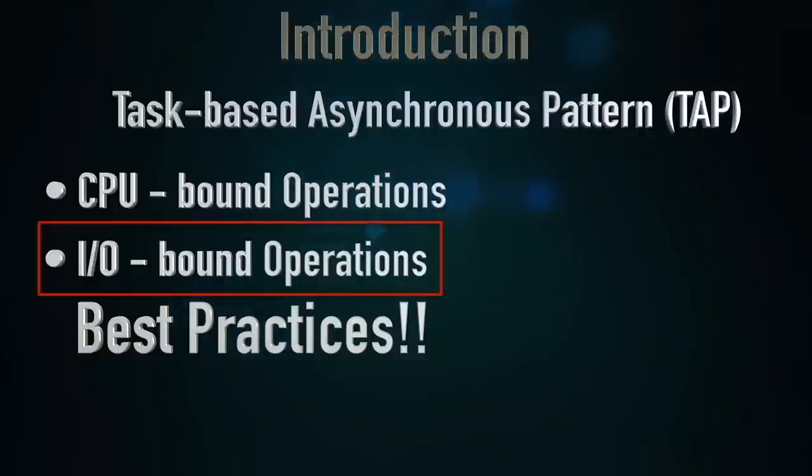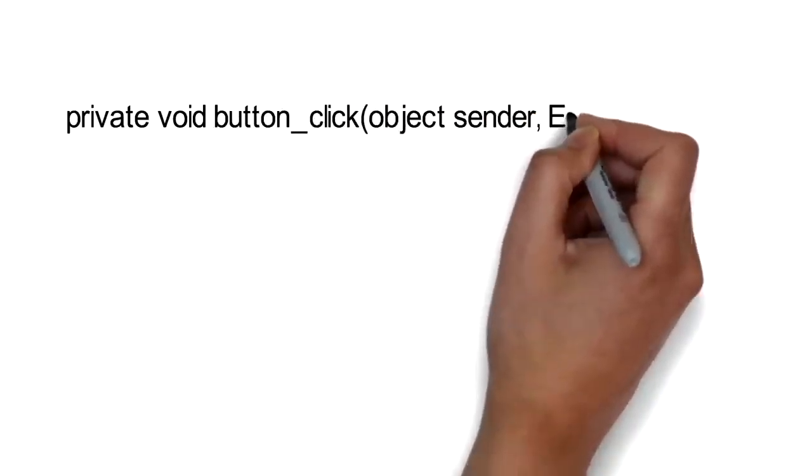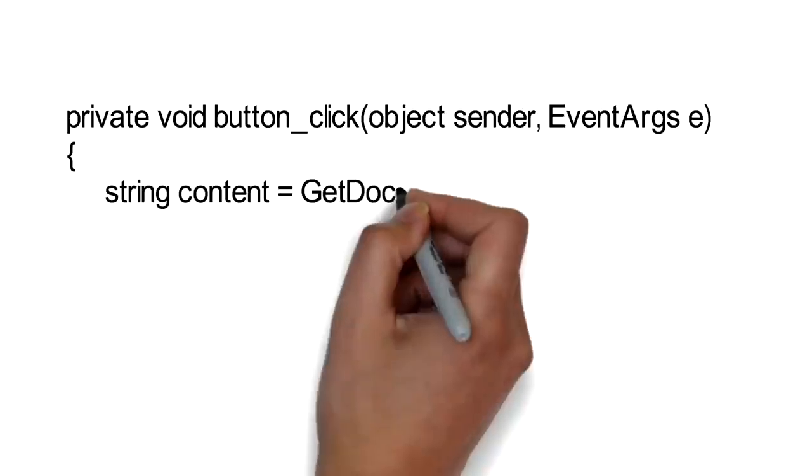As we have discussed, I/O-bound operations refer to operations like, for example, file handling operations, making requests across a network, writing data to a database, reading data from a database, etc. Operations that engage the I/O subsystem. We can handle I/O-bound operations asynchronously, both on the client side, for example, in WPF, UWP, WinForms, or Xamarin applications.